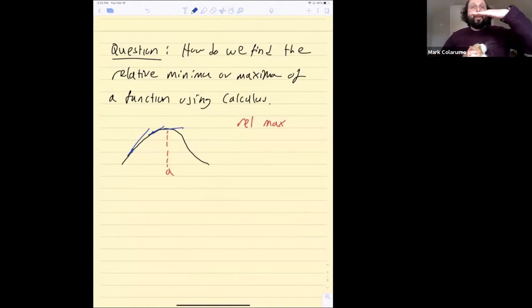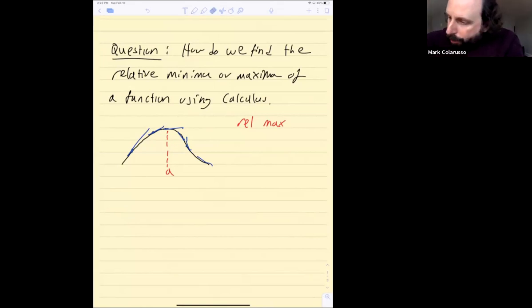When you're standing on the mountain peak, you're no longer ascending the mountain. Then when you pass the peak, the tangents begin to have negative slope, right? So the function begins to decrease to the right of the maximum.